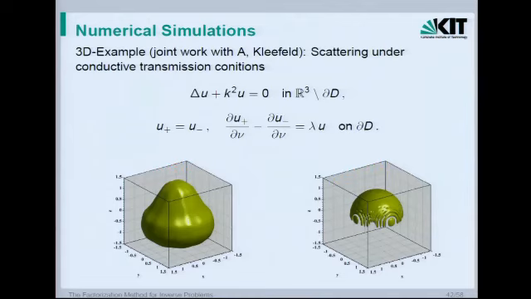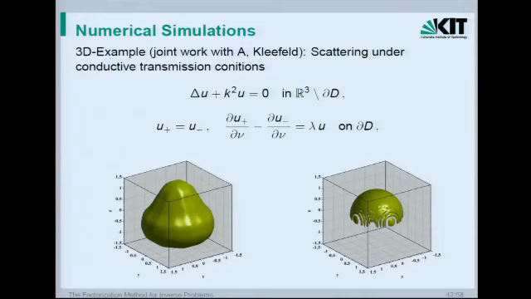Now a three-dimensional case. This computation has been done by Kleefeld from Cottbus. And that is kind of interesting. I want to go into that a little bit. Here you have a Helmholtz equation inside and outside of D. D is, in this case, maybe such a body here. It's a transmission problem.